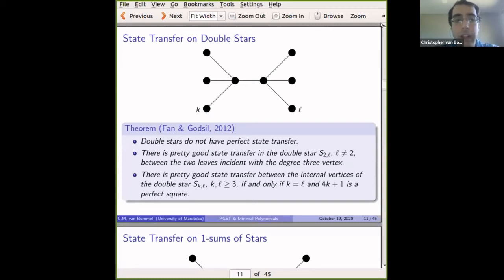But if you have 2 leaves on one end, and as long as you don't have 2 leaves on the other end as well, then you can get pretty good state transfer between those 2 leaves. And for larger stars, if they're symmetric, you can get pretty good state transfer as long as the number of leaves meets this particular number theory condition.